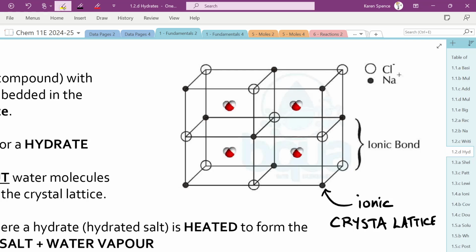And you'll notice that they've labeled here, this thing right here is an ionic bond. So those are all ionic bonds where we have the positively charged sodium attracted to the negatively charged chloride. What's the thing in the middle? Do you guys recognize that shape?